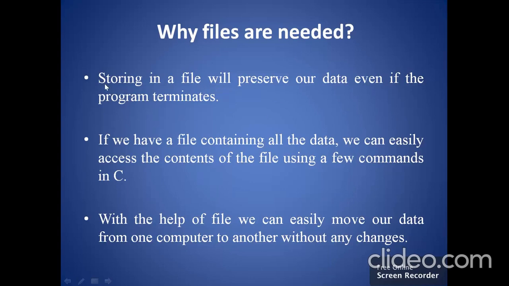The first one is that storing in a file will preserve our data even if the program terminates. Second, if we have a file containing all the data, we can easily access the contents of the file using a few commands in C. Third, with the help of a file, we can easily move our data from one computer to another without any changes.